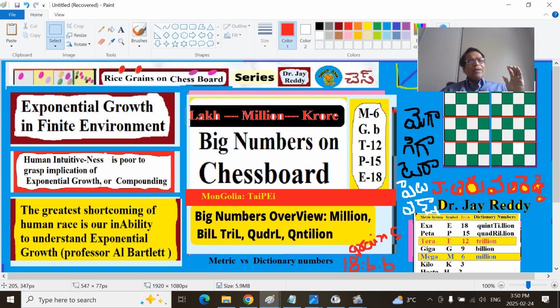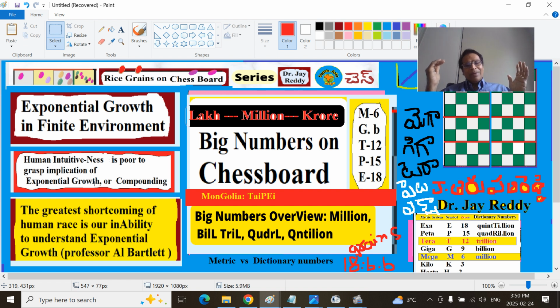Human intuition is very poor at grasping the implications of exponential growth, that is compounding. Simple examples, like 1% growth of population, or 7% standard interest growth, or 18% interest on a credit card. Let's say somebody saved one varaha at the time Buddha passed away and it collected the standard 7% interest, compounded by a bank.